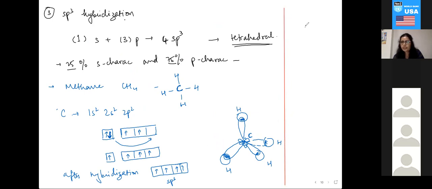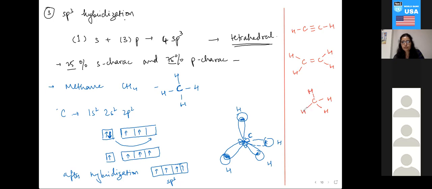We saw ethyne first, which had this structure. Then we saw ethene next, which was C2H4, looked like this. And then we saw methane, right? 4 bonds of carbon.